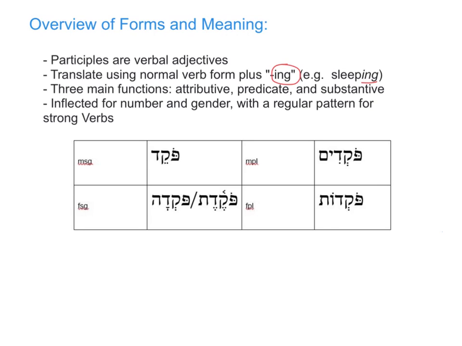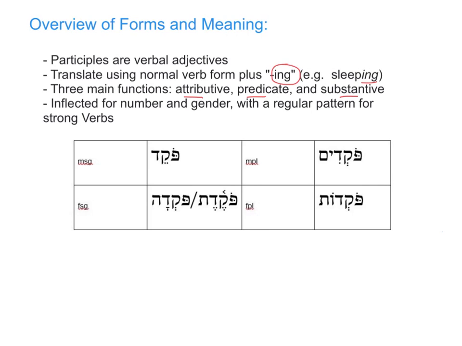We'll also see that, if that was the verbal component of participles, the adjectival component will have to do with their functions. We're going to see that they'll function attributively. So, for example, the sleeping student. They could also function as a predicate. For example, the student who is sleeping. Or substantive. We could just say the sleeper, for example, or the sleeping one.